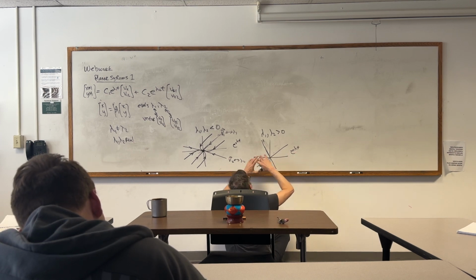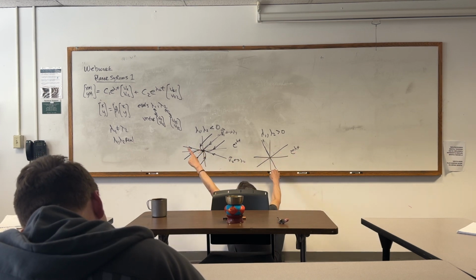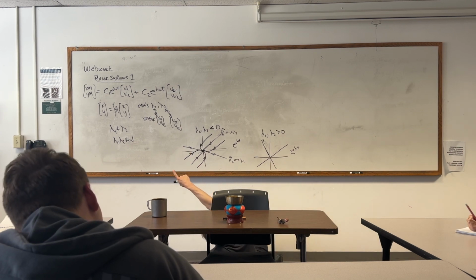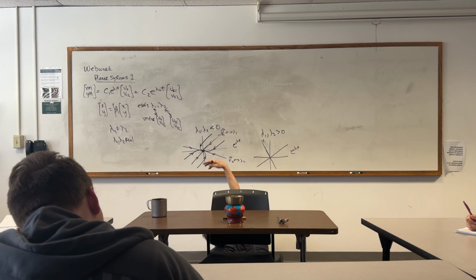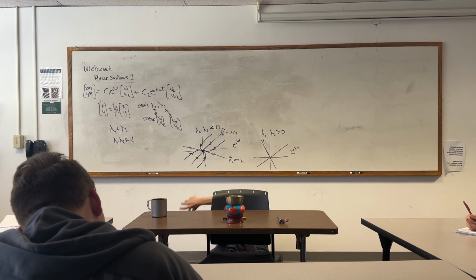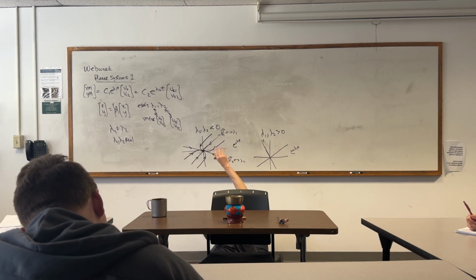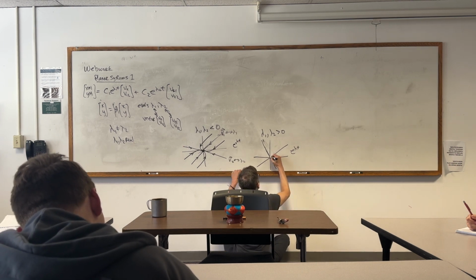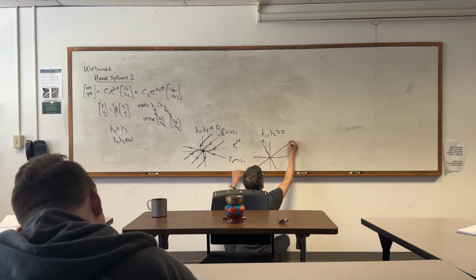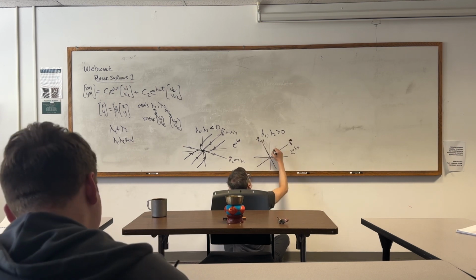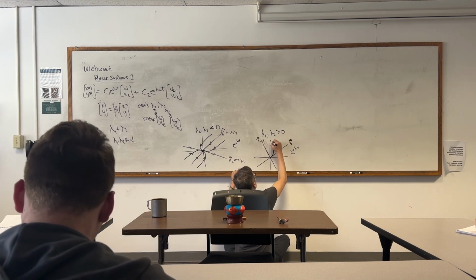So as t gets bigger, that value gets bigger. Look at those solutions. If lambda 1 and lambda 2 are positive, e to the whatever gets bigger. So you're moving away as the t gets larger. So what you'll see here on these directions, let's say this is v1 and this is v2, you'll see something like this, outward flow.